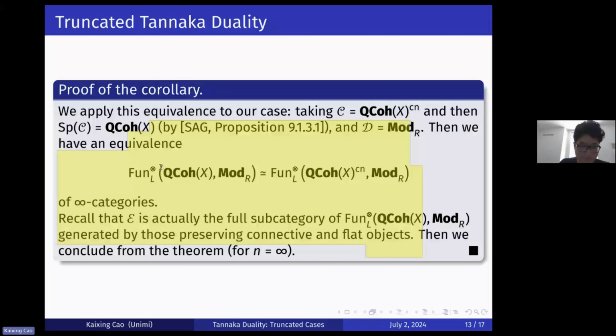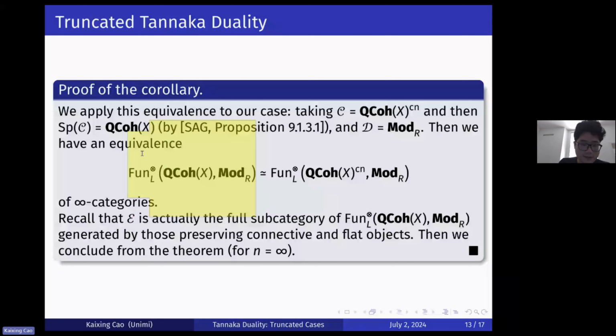But from our construction, E is essential. E is a symmetric monoidal functor preserving the coproducts and flat objects, connected objects. So E is automatically in the left hand side.